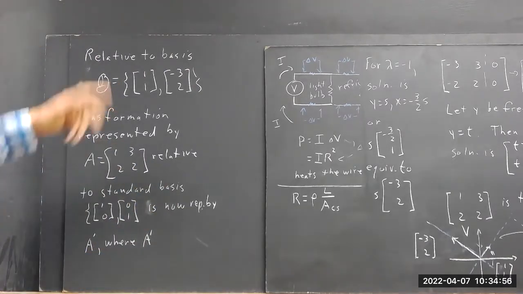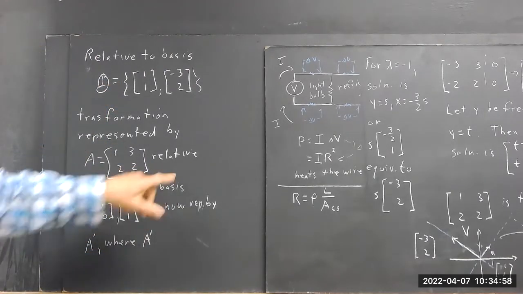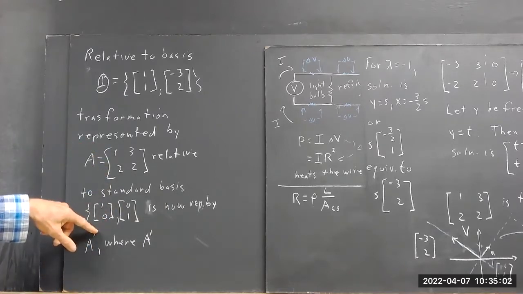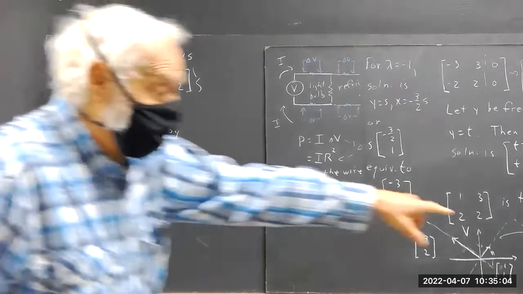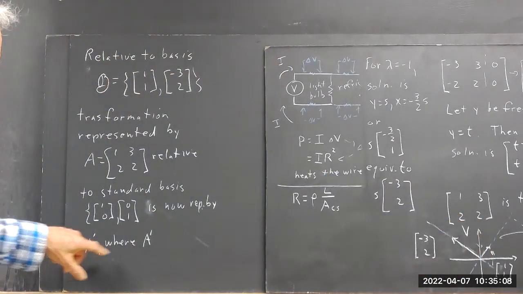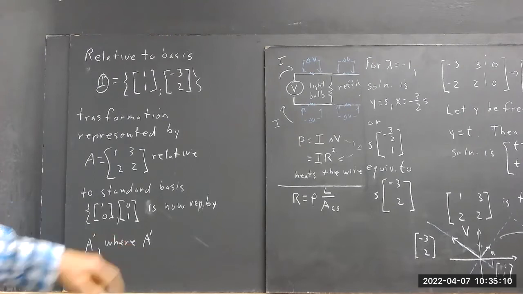Okay, so here we are. We got this relative to the standard basis. That's our transformation, and it looks like this. We're going to represent it by A prime.